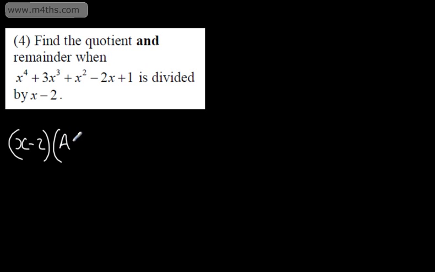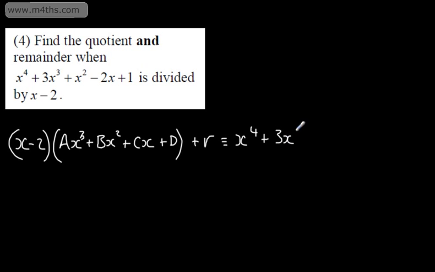So we'll have ax cubed plus bx squared plus cx plus d, plus some remainder, equal to the x to the fourth plus 3x cubed plus x squared minus 2x plus 1.